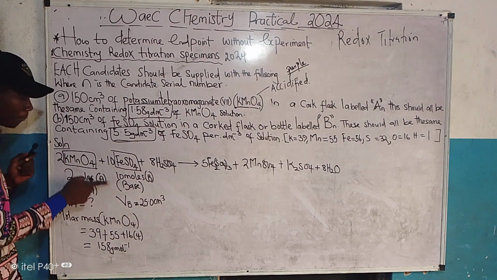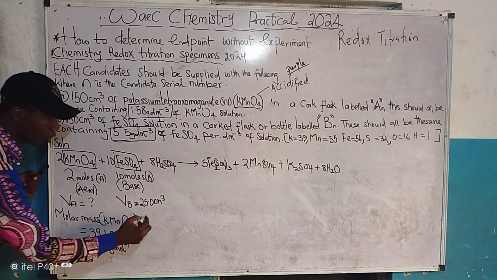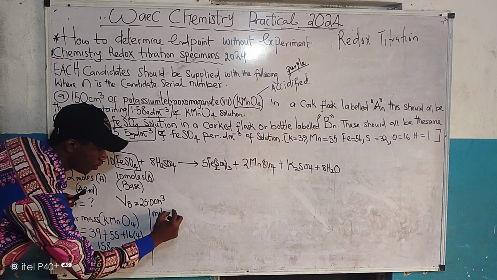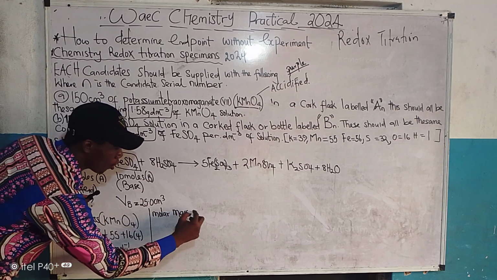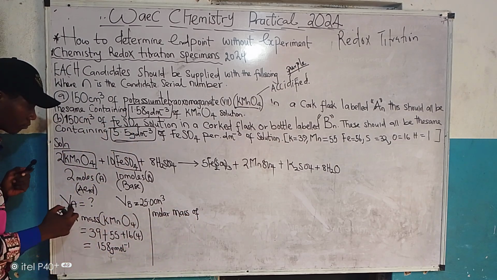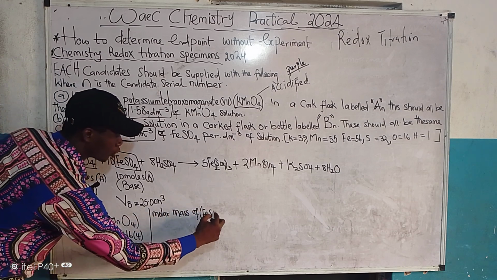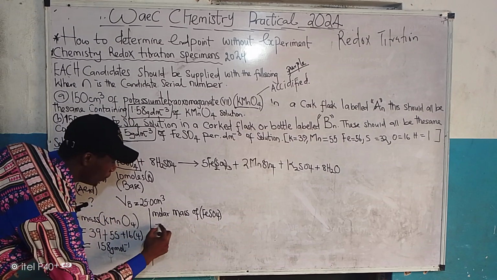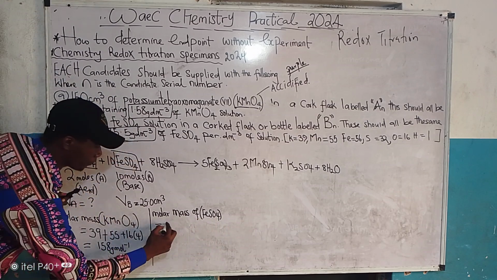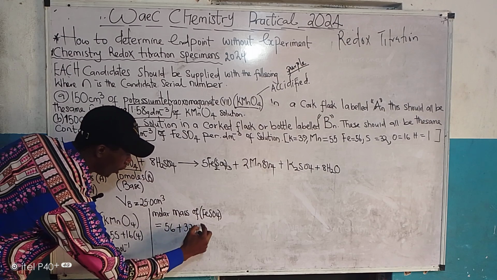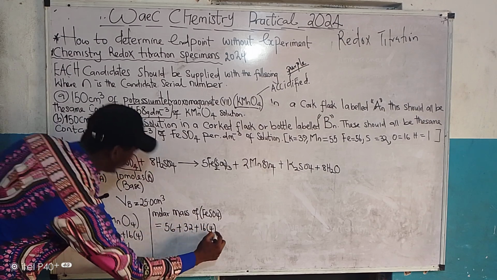Now let's get the molar mass of this one, FeSO4. Remember the mass of iron is what? 56. Sulfur 32. Oxygen 16 times 4.